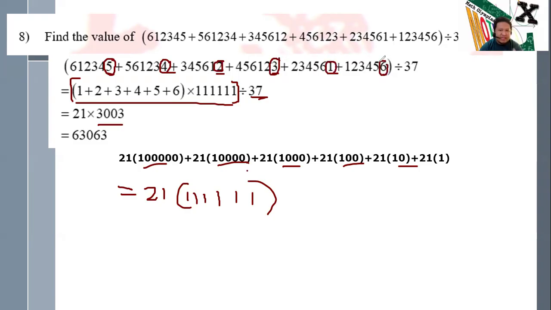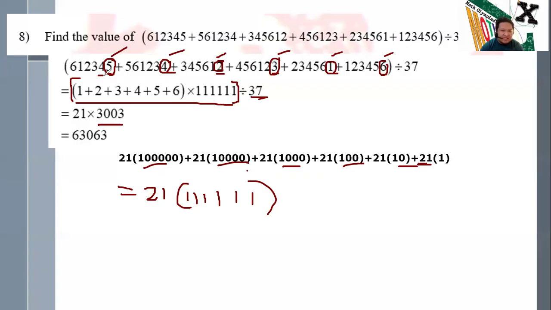If you study the pattern, every place value is just 1 plus 2 plus 3 plus 4 plus 5 plus 6. If you add the ones digit, that's 21, so in the ones digit that's 21 times 1.